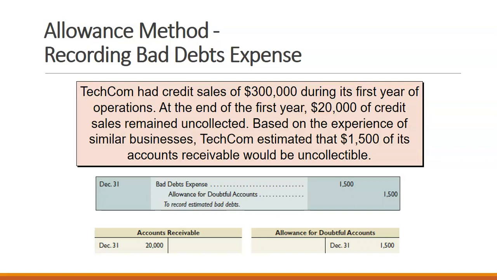Based on the experience of similar businesses, we estimate that $1,500 of our accounts receivable would be uncollectible. We then record a $1,500 bad debts expense, which shows up as an expense on our income statement, and a $1,500 allowance for doubtful accounts. Allowance for doubtful accounts is a contra asset account that matches up with accounts receivable.